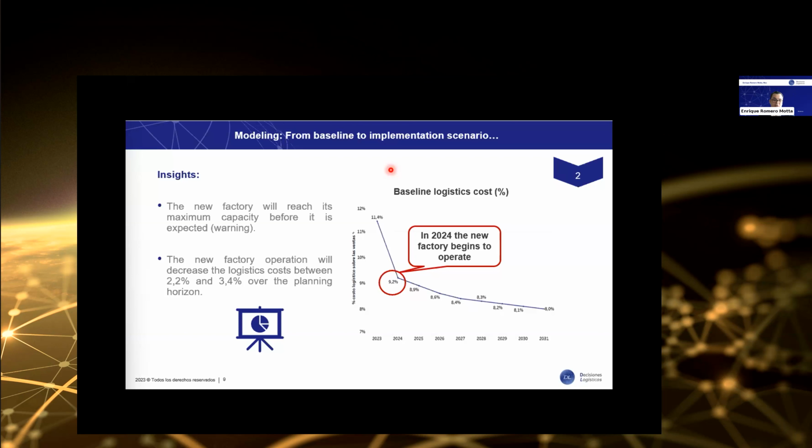I must be clear with that. That fact was led by the fact that in 2024, a new factory should be opened in the north side of the country, in a place called Barranquilla, which is close to the Caribbean Sea. And I'm going to show you on a map, so you can locate easily the place where this new factory will be open.